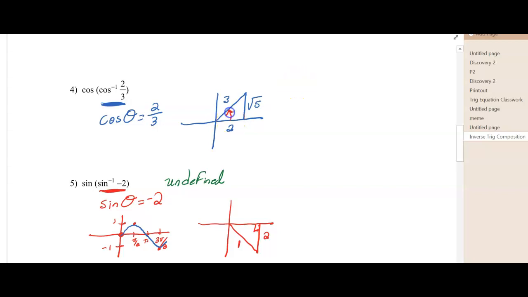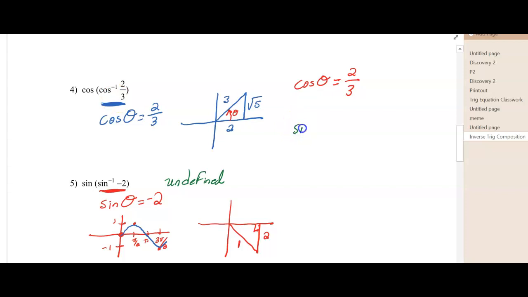And then this is the angle that I'm referencing. So now this becomes the cosine of that angle. And looking at this picture, the cosine of that angle is 2/3. You'll notice that in this problem, they undo each other. The cosine and cosine inverse undo each other.